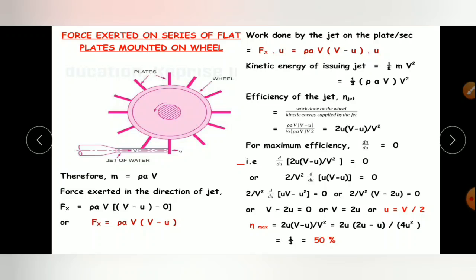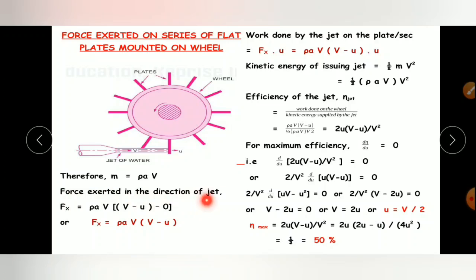Here, initial velocity of the jet in the direction of the jet is equal to V minus U, because V minus U is the relative velocity of the jet. And after striking, the fluid goes upward and downward. So in the direction of the jet, final velocity equals 0.